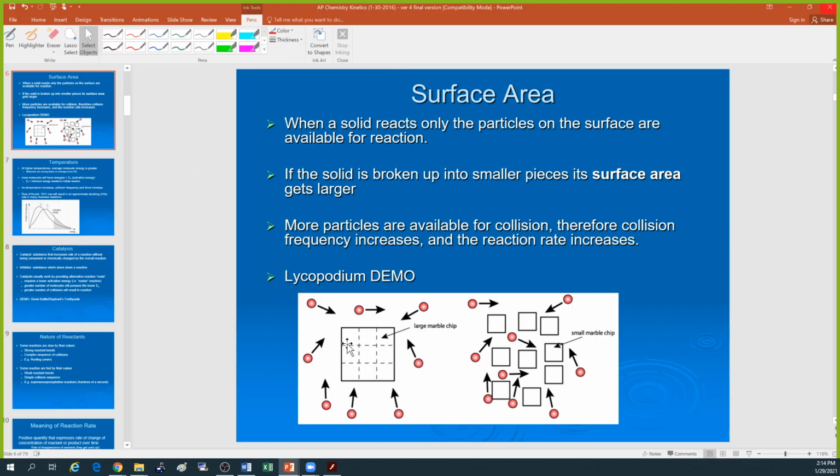If you take a solid object, like let's say a piece of wood, and you want it to burn, it takes forever because the oxygen that has to react with it can only access the material at the surface. All the stuff interior is not going to burn because they can't get oxygen. But if you grind it up into smaller sticks, now there's a lot more points of contact where the oxygen can react with it.